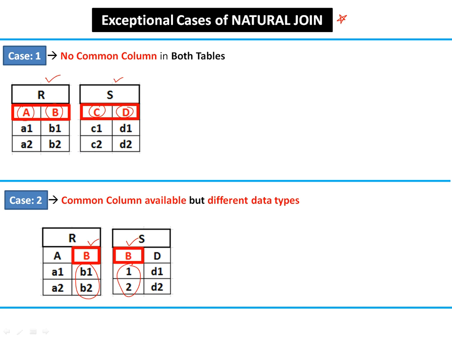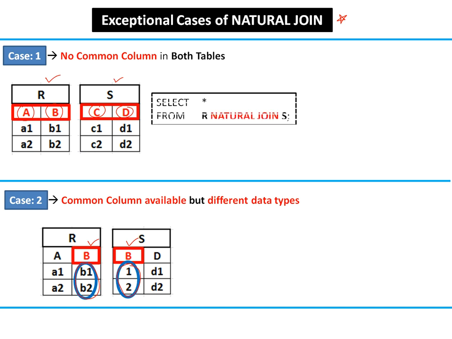So whenever I write R natural join S, if there are no columns in common, whenever I write natural join, I construct a where condition automatically with the similar column names. And then I execute this condition on the Cartesian product. Here, as there are no columns in common, all rows from the Cartesian product will be selected.